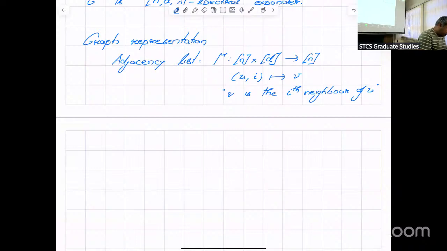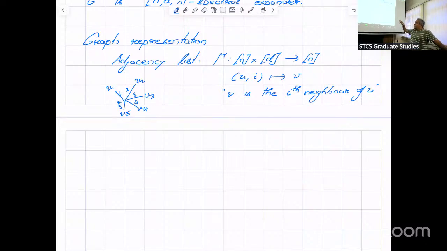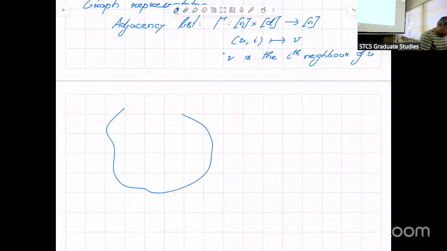More particularly, say the graph is like this, it has d neighbors. So this is 1, 2, 3, 4, 5, and this is u. So this is the first neighbor, second neighbor, the third neighbor, the fourth neighbor, and the fifth neighbor. Let me draw this a bit. We have this graph G, and there's a vertex u, and it has 5 edges going out of it.